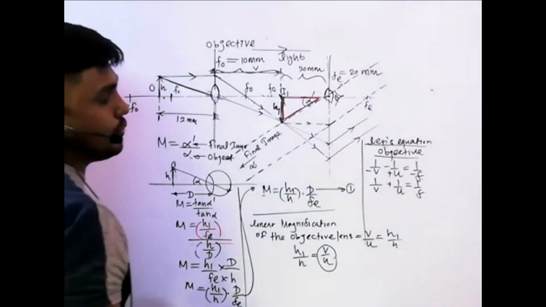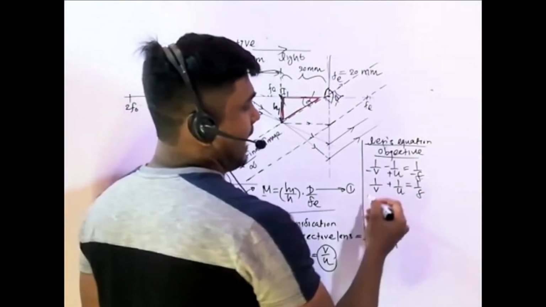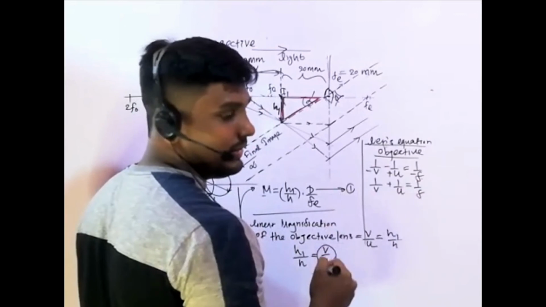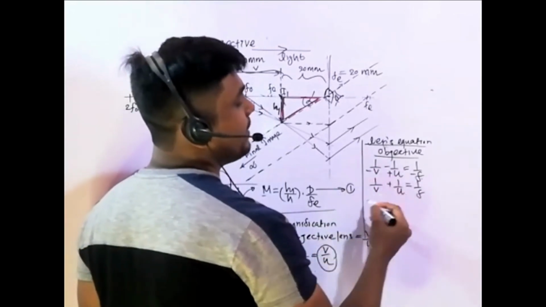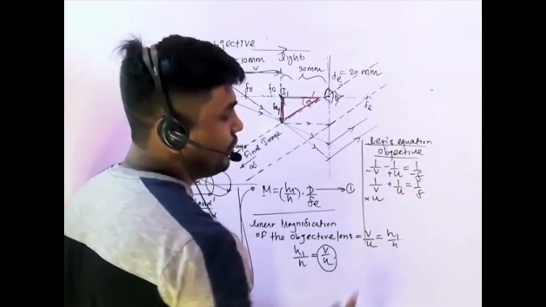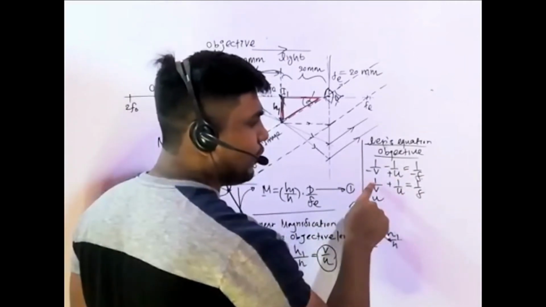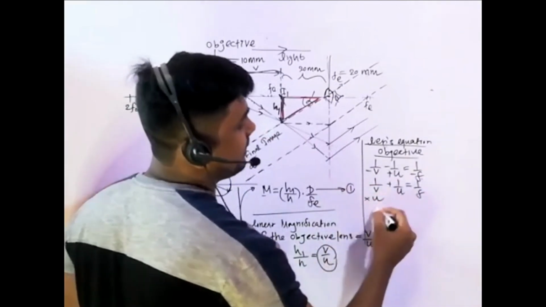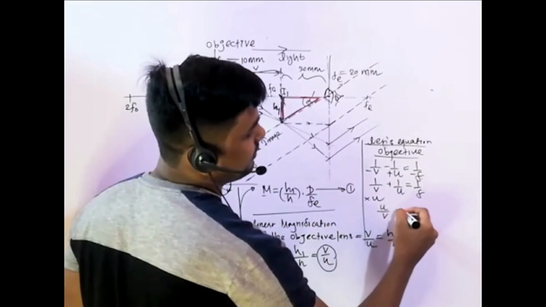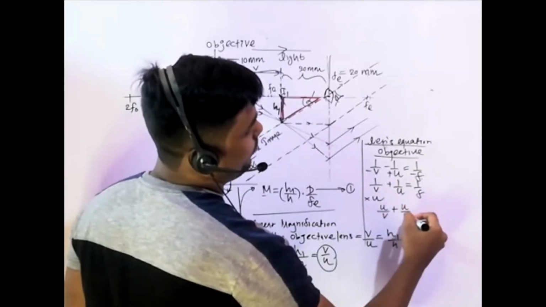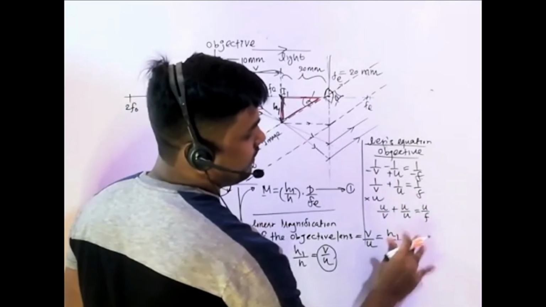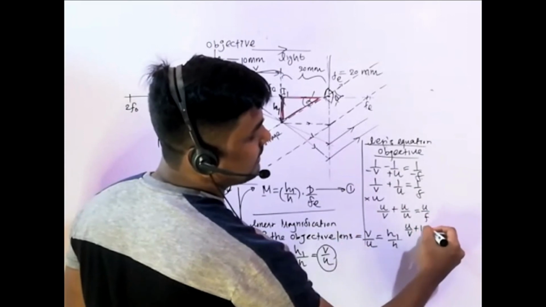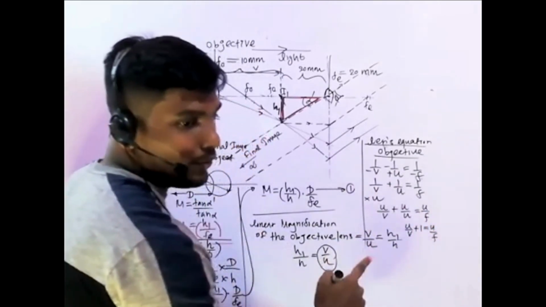I want to generate V over U. I can multiply all the terms by V, or I can multiply all the terms by U. Why multiply by U? Multiplying by U gives U over V plus 1 is equal to U over F, since U over U cancels out.